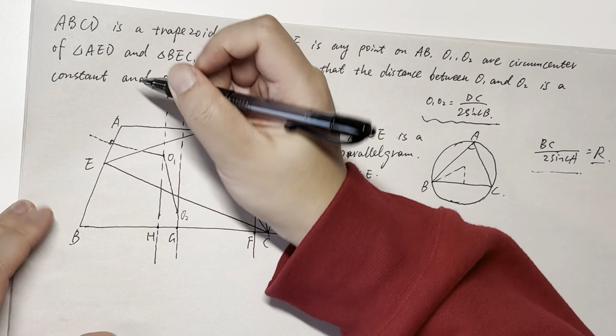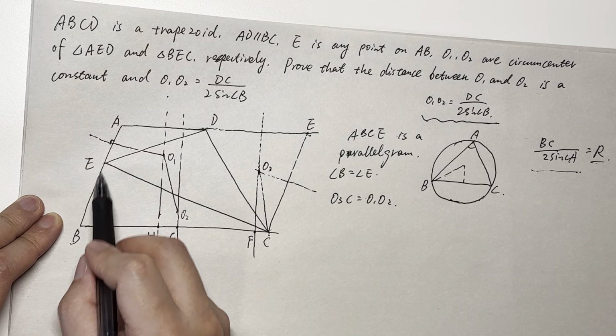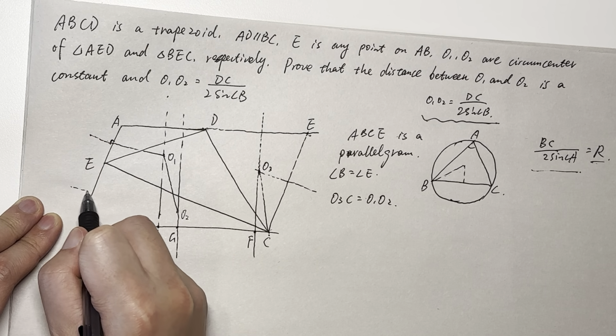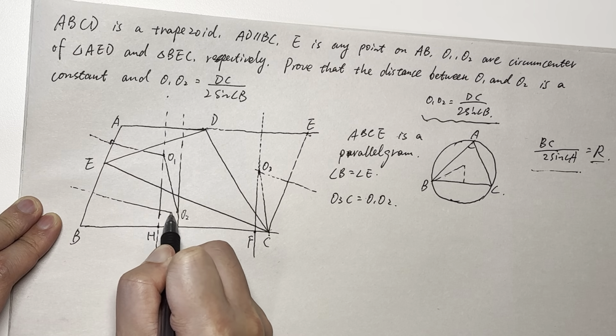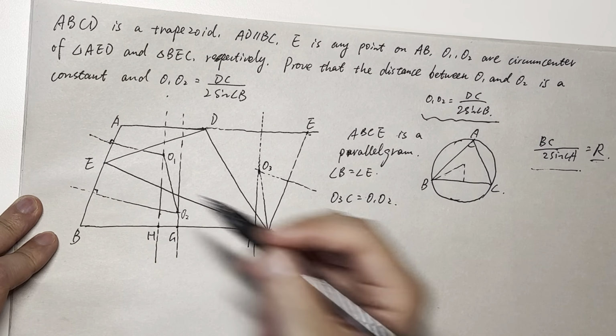So this is 90 degrees. And for O2, we get the perpendicular bisector line of segment EB. Right, this is perpendicular. This is 90 degrees.